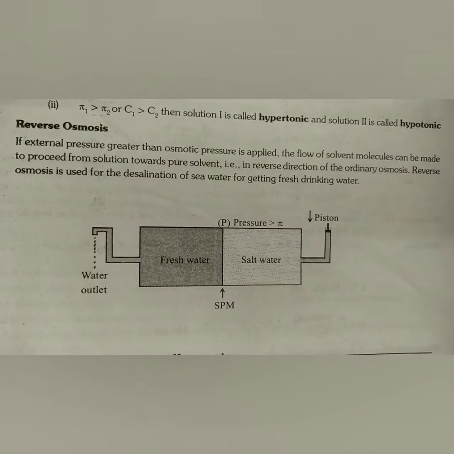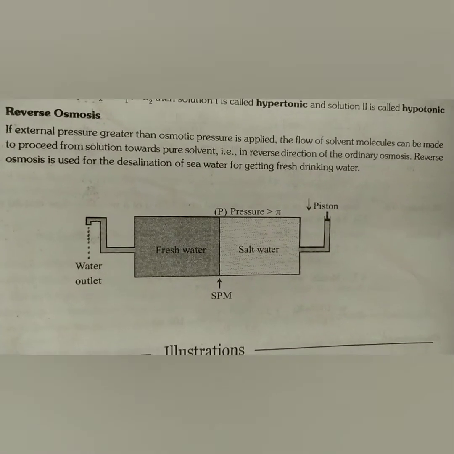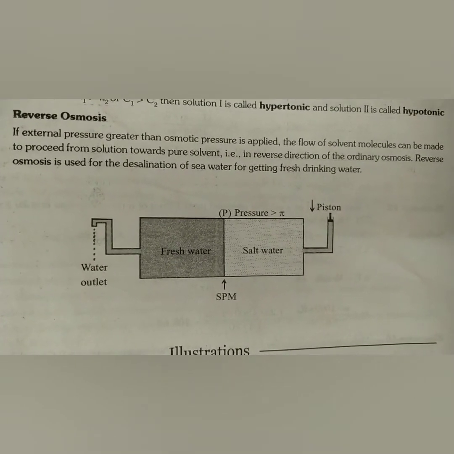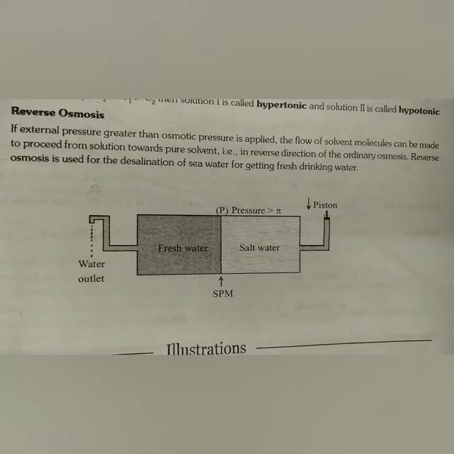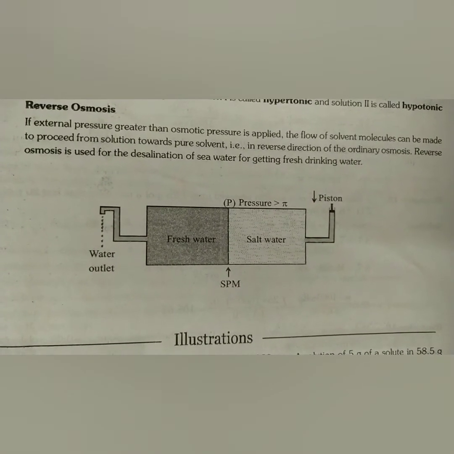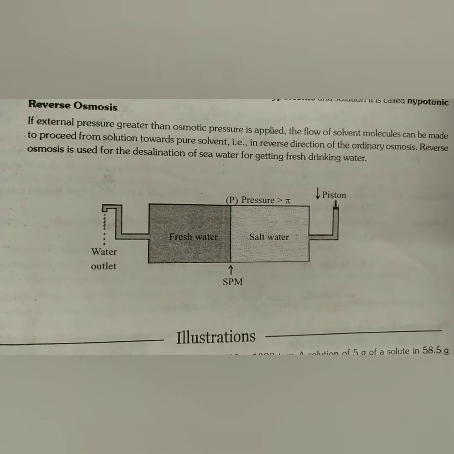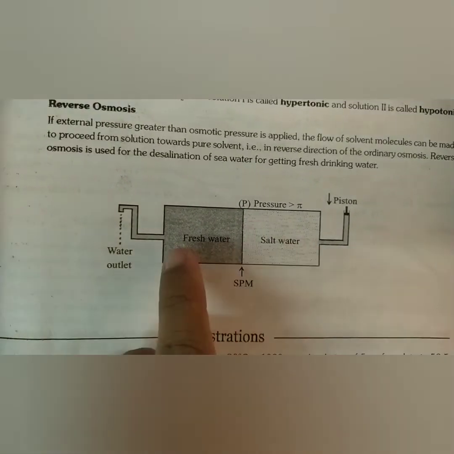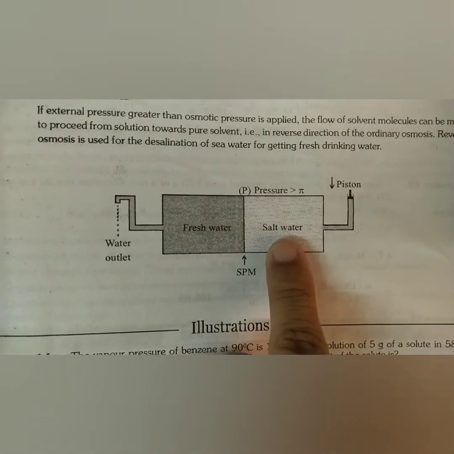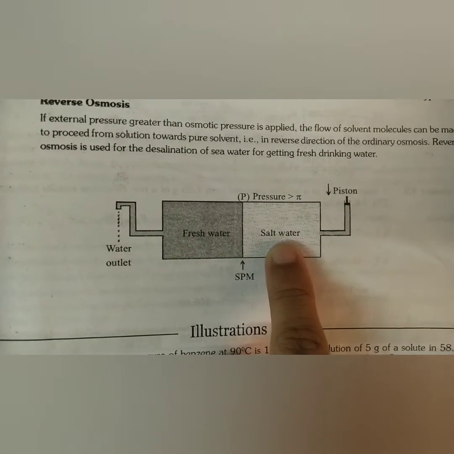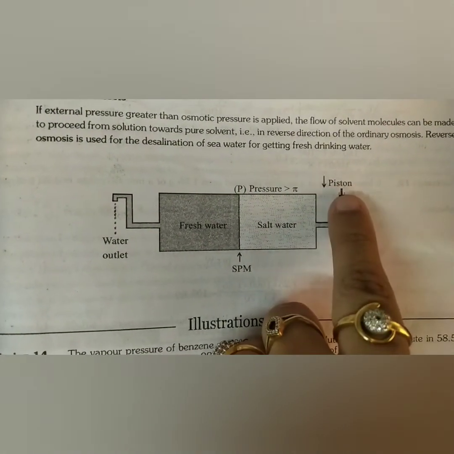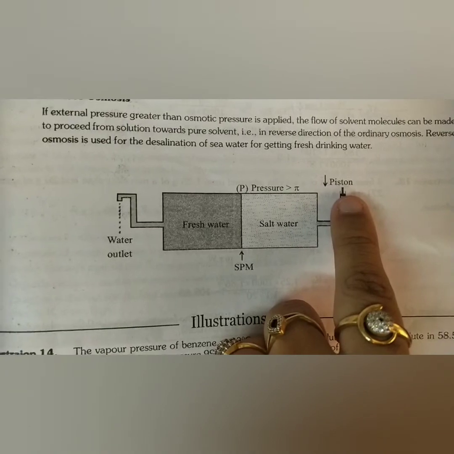Okay, this is the reverse osmosis. If external pressure greater than osmotic pressure is applied, the flow of solvent molecule can be made to proceed from solution towards the pure solvent. Okay, this is the fresh water, means it is a solvent, and this is a solution. Okay, so if we apply a forcefully pressure over here, that pressure is definitely greater than the osmotic pressure.